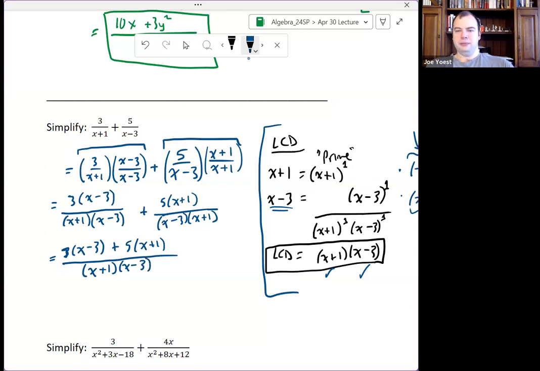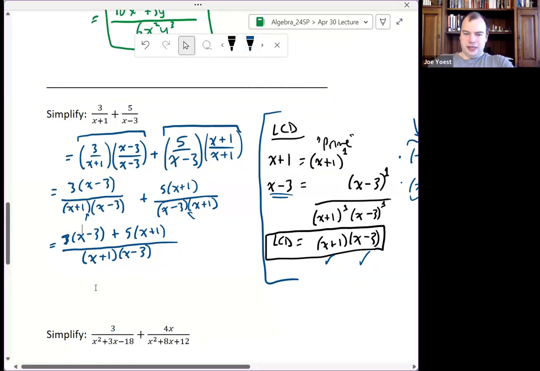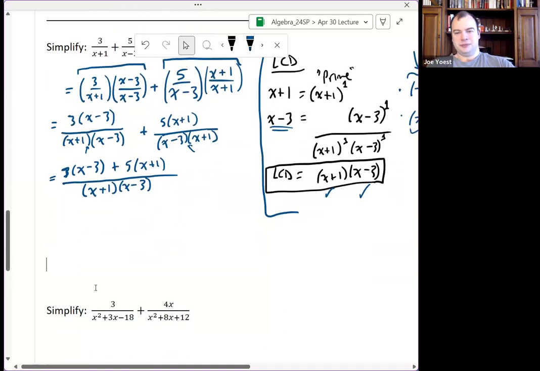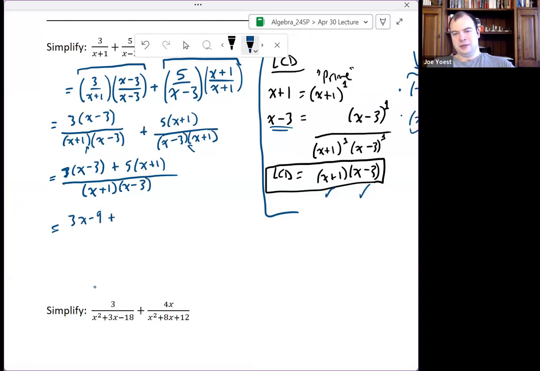I do notice that multiplication is commutative, so x plus 1 times x minus 3 is the same as x minus 3 times x plus 1, no problem there. And here I need to be careful and make sure that I distribute everything carefully. So 3 times x minus 3 is 3x minus 9. 5 times x plus 1 is 5x plus 5 over my denominator.